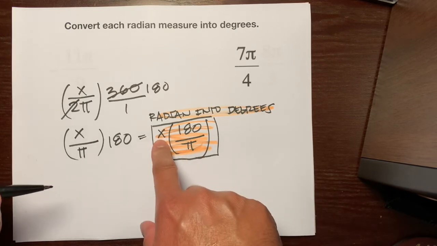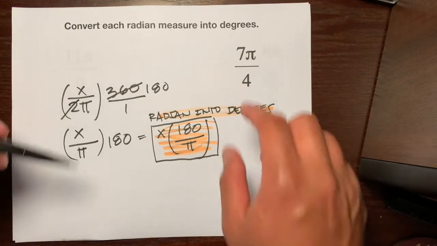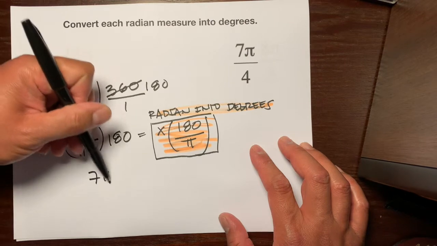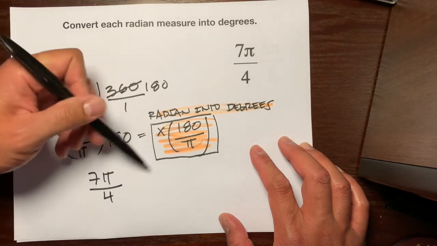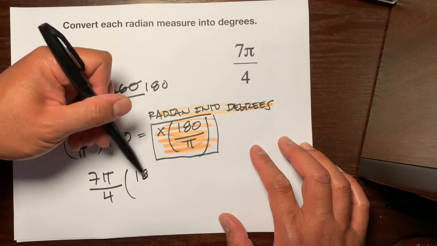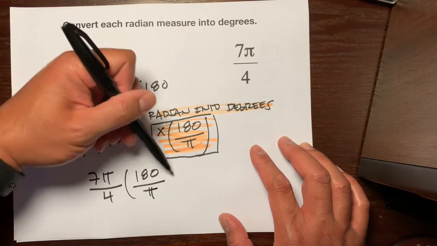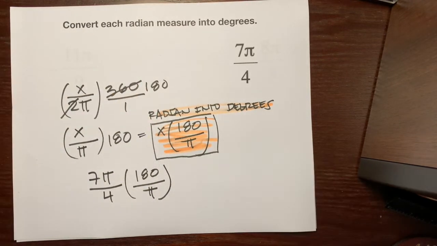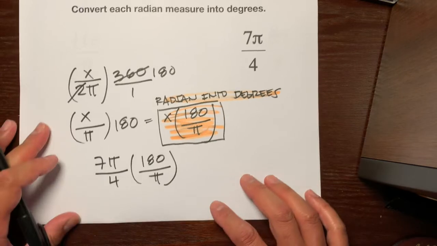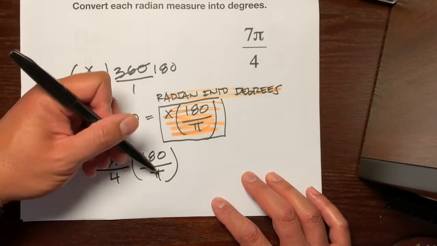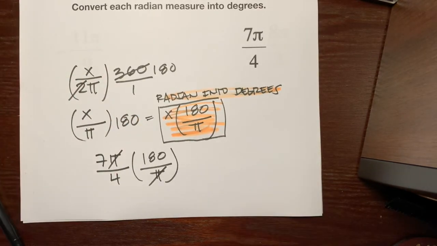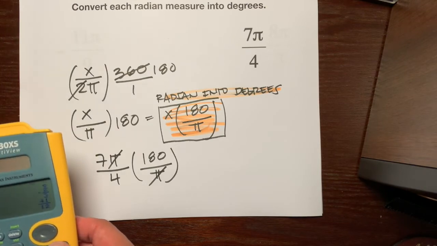We would take this radians, this distance, 7 pi over 4, and multiply it by 180 over pi. And so we would simplify this. These pi's cancel out, and let's take our trusty calculator.